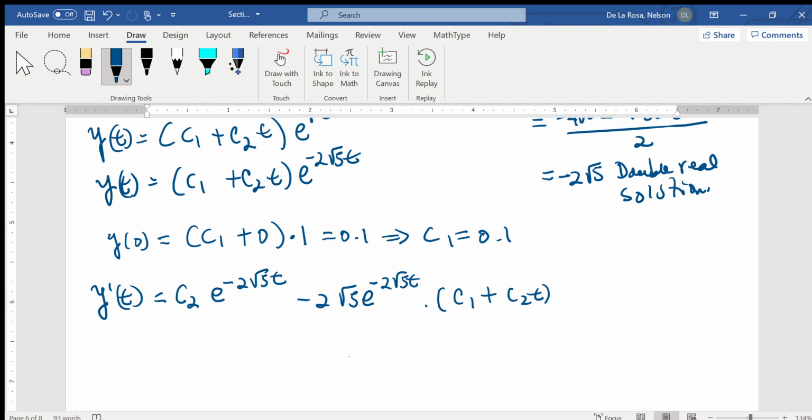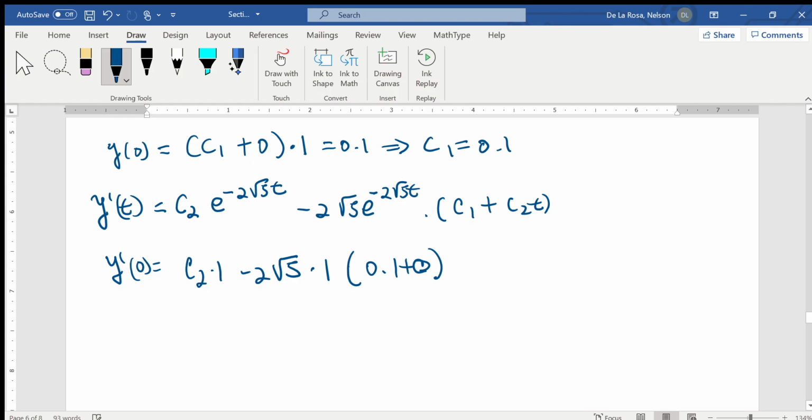So we have c2 e to negative 2 square root of 5 t, minus 2 square root of 5 e to negative 2 square root of 5 t times the parentheses. So y prime at 0 is going to be c2 times 1, because the exponential is e to the 0, which is 1, minus 2 square root of 5 times 1 times 0.1, plus 0.